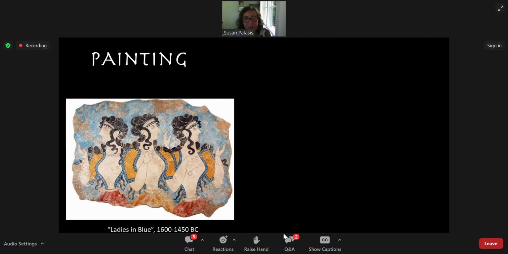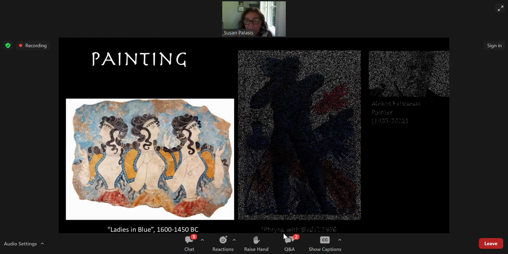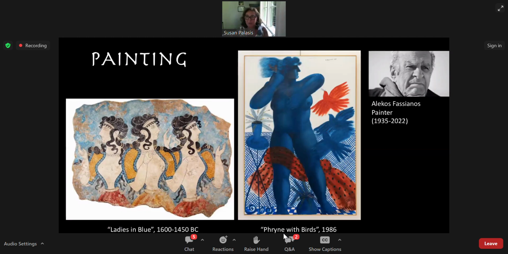The ancient Minoans on the island of Crete created this type of painting on wet plaster, where the pigments they used would seep into the plaster, and that's why the colors are so well preserved so many years afterwards. And then fast forward to Alekos Fassianos, who was a very famous Greek painter.